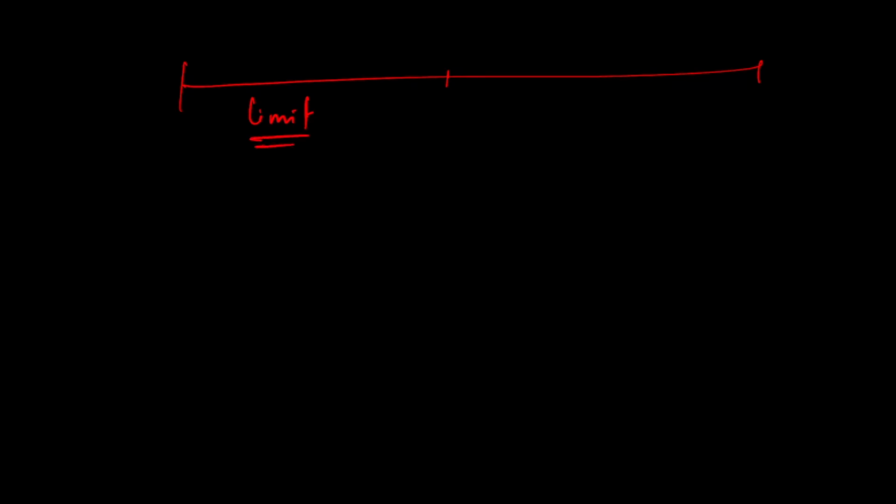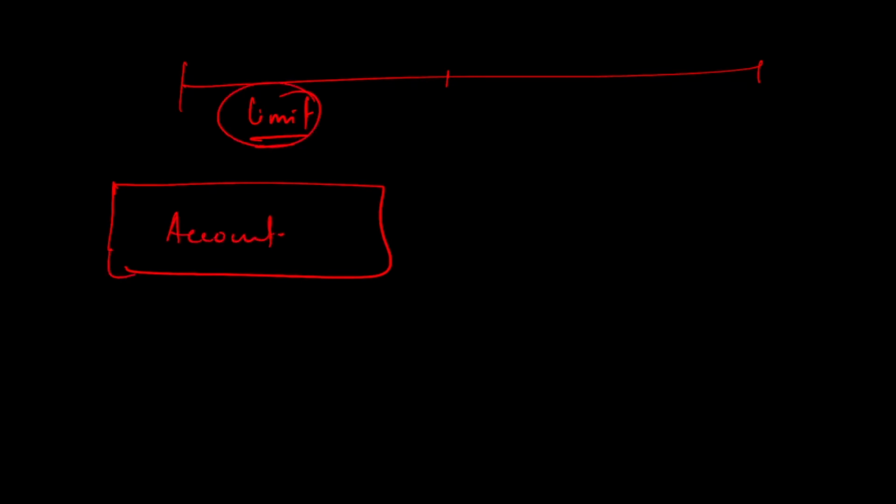So say this is the account of Government of India, and there is a certain limit which is renewed, and even recently it was renewed. So whenever, sorry, not balance, but there is a limit.